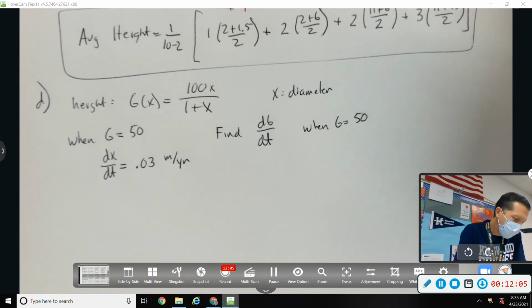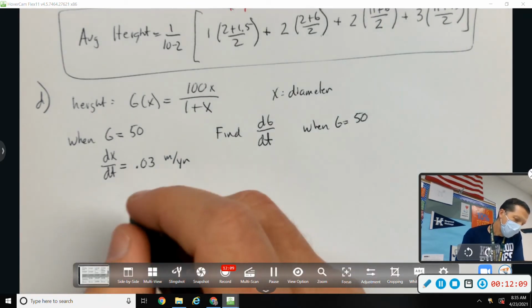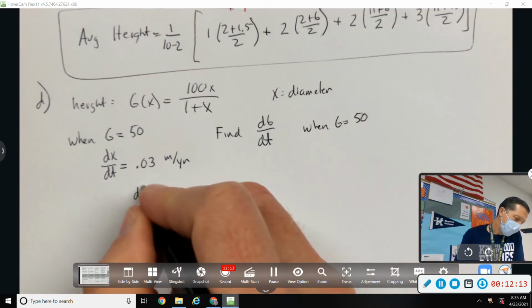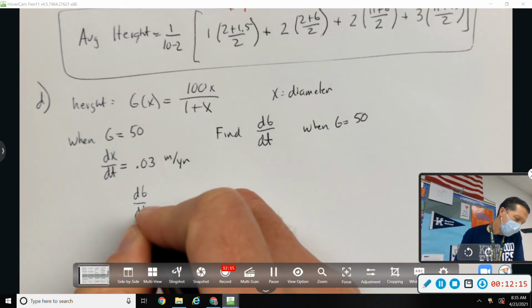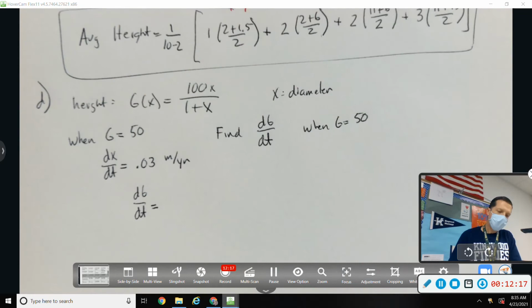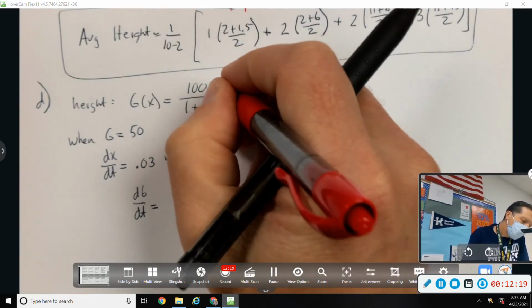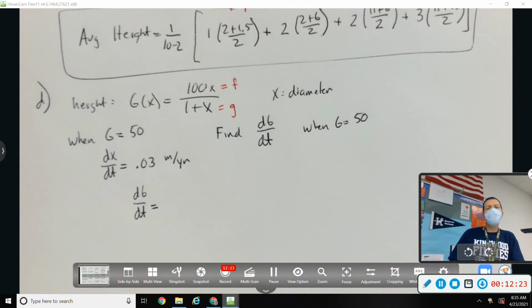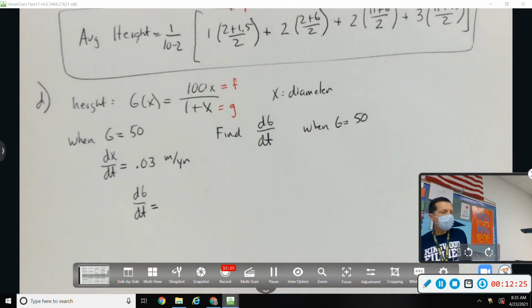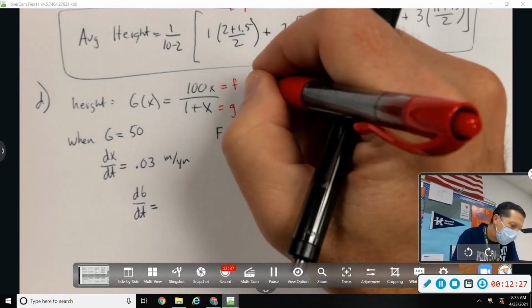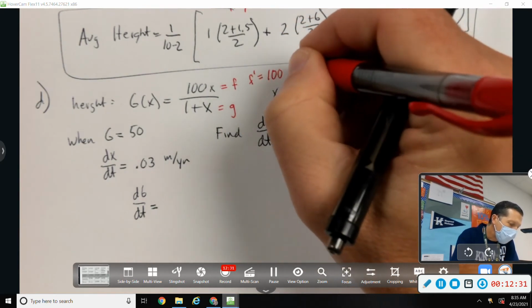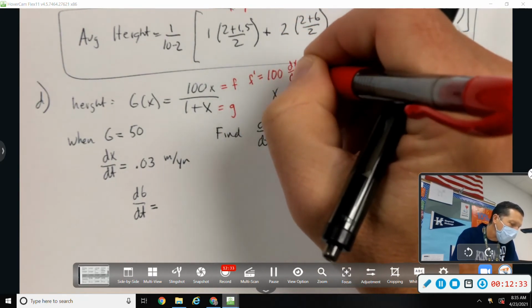Ugh. Yuck. So I need to take a derivative of this thing with respect to t. So I'm headed toward quotient rule there. So f prime would be 100, but 100 dx/dt, because x is changing.